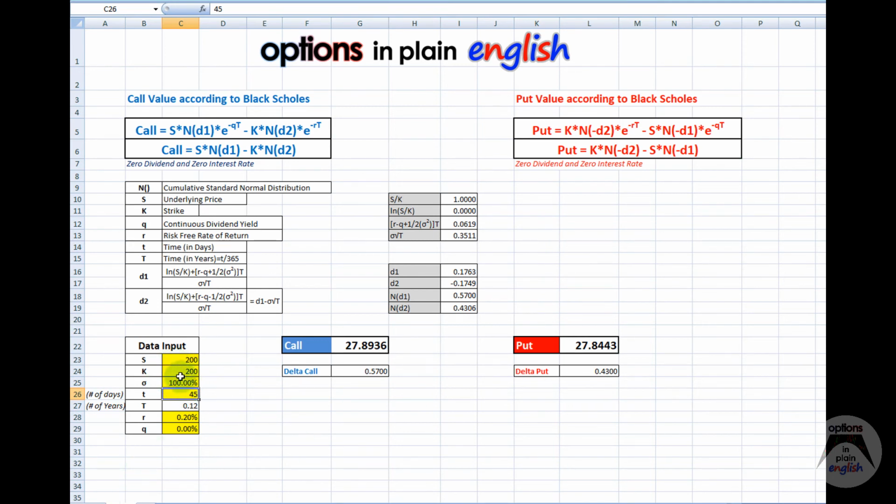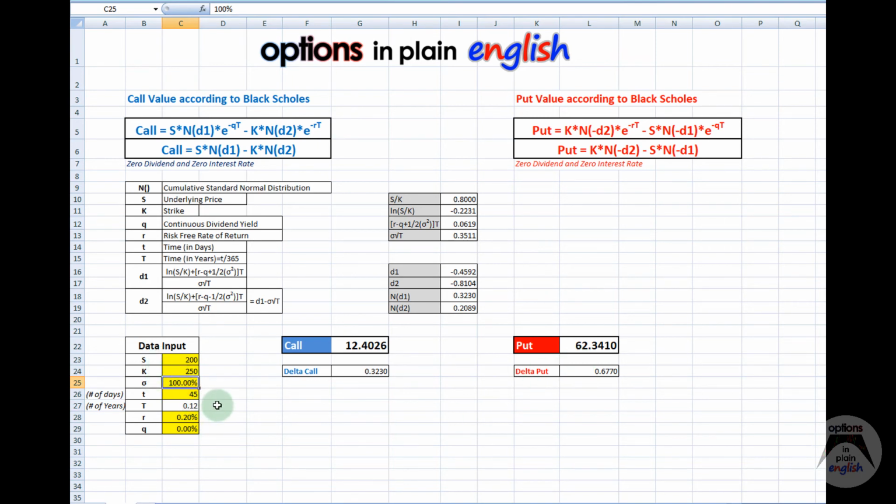Now, what happens if the strike price, if instead of evaluating the 200, which is the at the money, we go out of the money for the call? So we go 250. So the 250 call is going to be valued at $12, and the 250 put is going to be in the money by $50, and is going to have a value of $62.